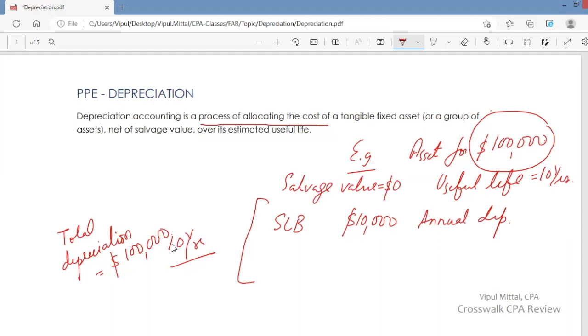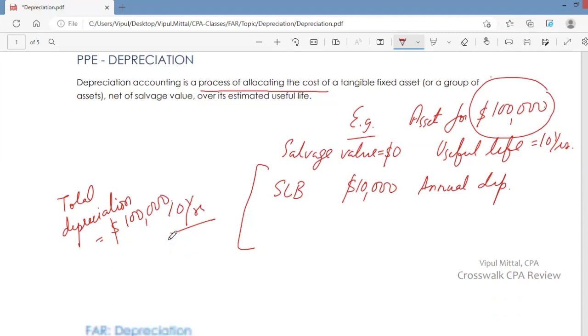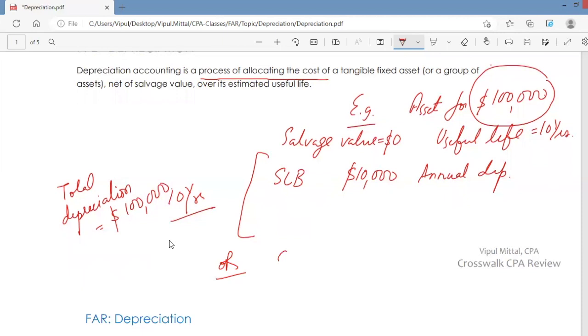All right. If salvage value is $30,000 and useful life is 10 years, then if you are using the straight line basis, annual depreciation is $7,000.